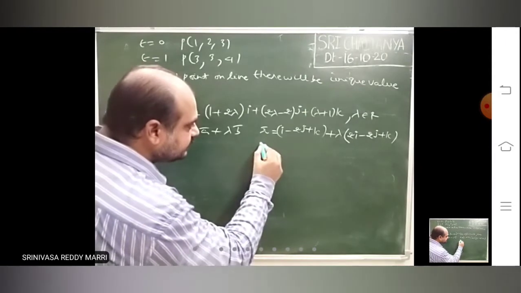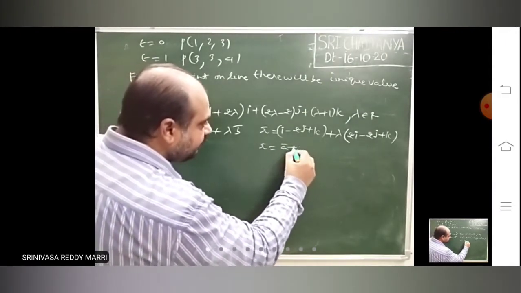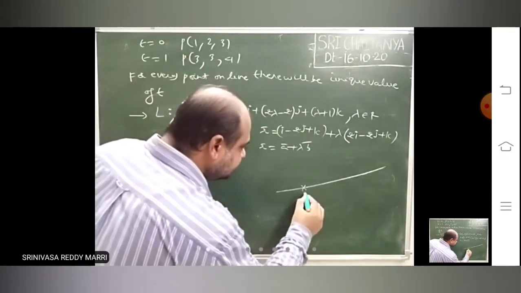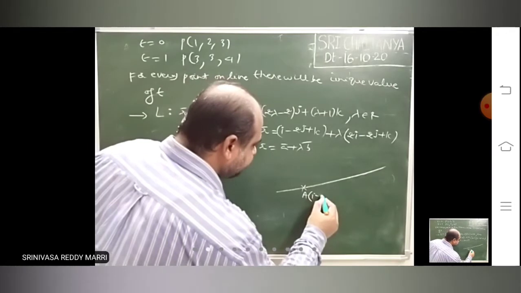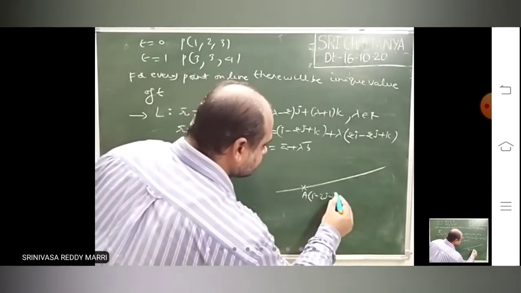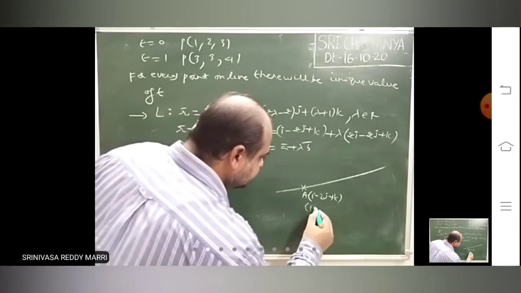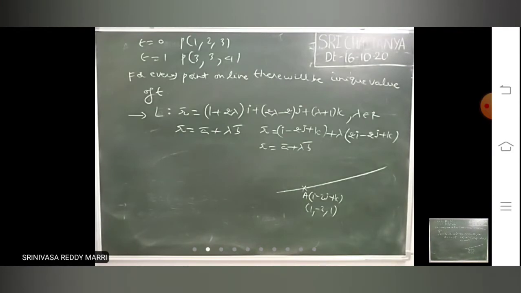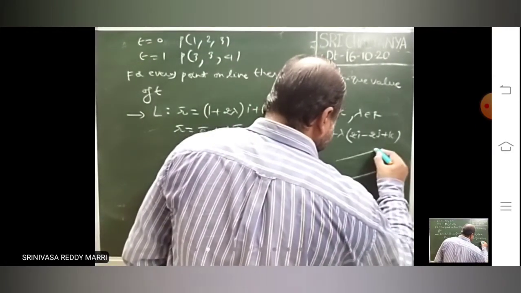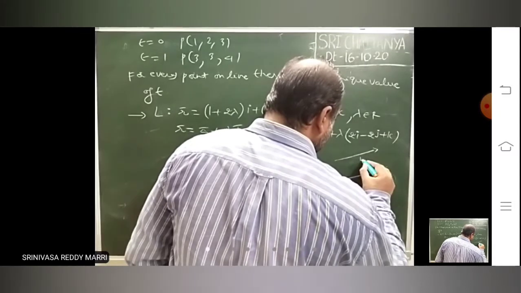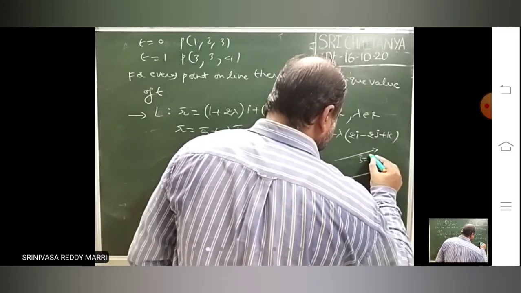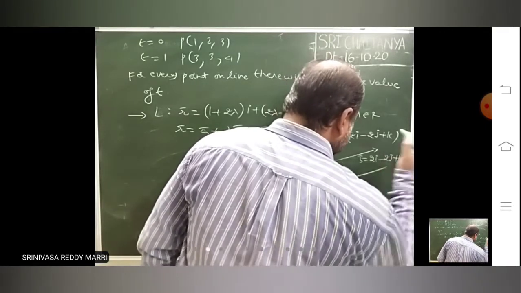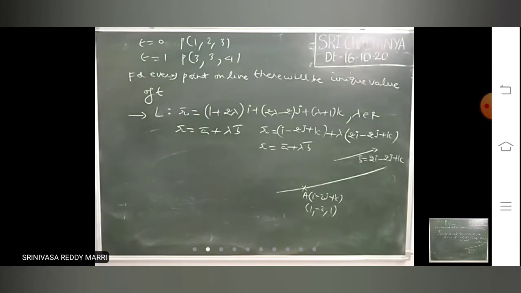This line, R bar equal to A bar plus lambda B bar, means it has a point on it, the position vector. It passes through the point (1, minus 2, 1), and this line is parallel to the vector B bar equal to 2i minus 2j plus k. That is the meaning.